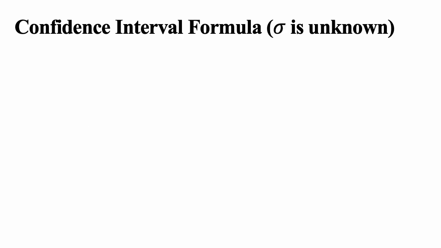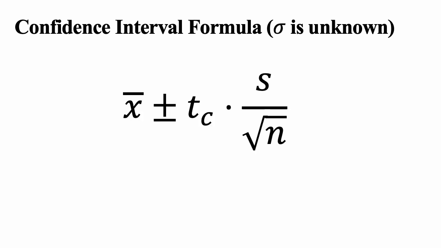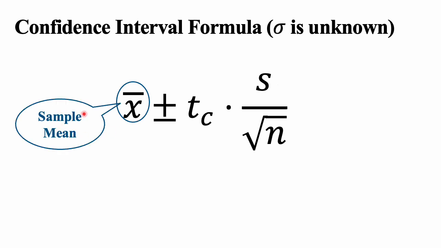Let's look at the confidence interval formula with unknown population standard deviation. Look very carefully, guys. Everything looks similar but a couple of things are different. Tc is the critical value from the t-distribution. X bar is the sample mean.